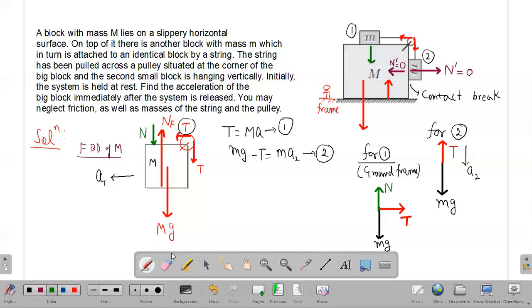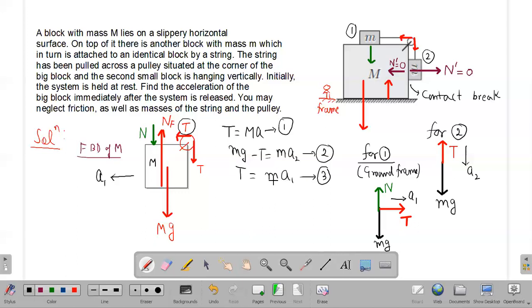And in that reference frame which is fixed to the ground, this mass 1 has an acceleration which can be assumed to be a1, and for that a1 you can write down the equation T equal to small m a1. I repeat, all my equations are in the reference frame attached to the ground, and therefore I have not considered any kind of pseudo force.